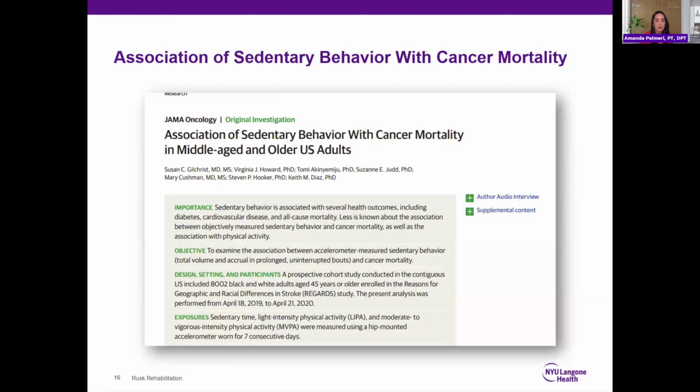Okay, specifically when we're talking about sedentary behavior and cancer, there are some interesting resources that have been published in order to help guide us in what physical activity should look like, and what are the ways that sedentary behavior can affect us during cancer treatments and then also afterward.